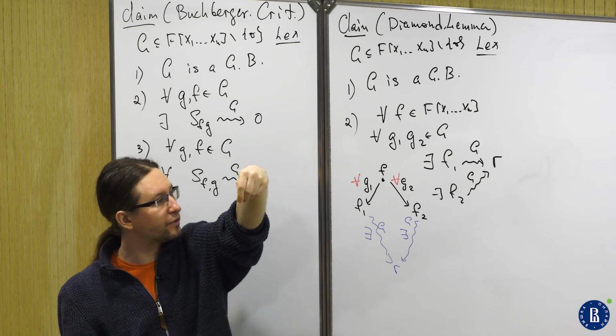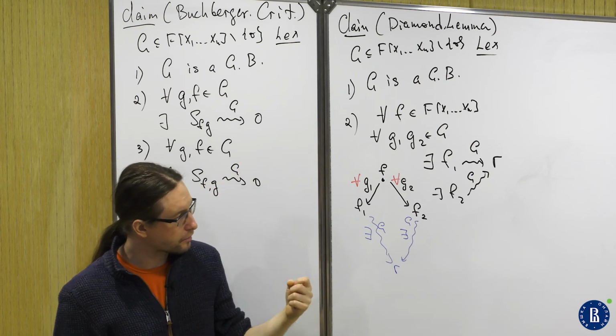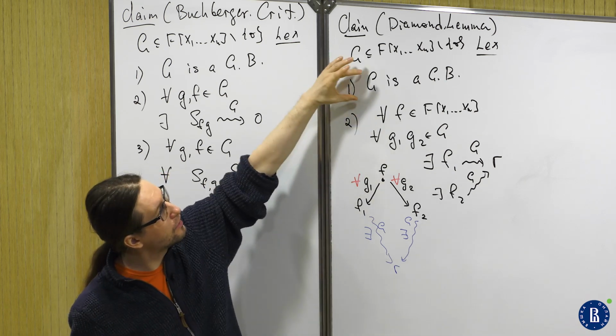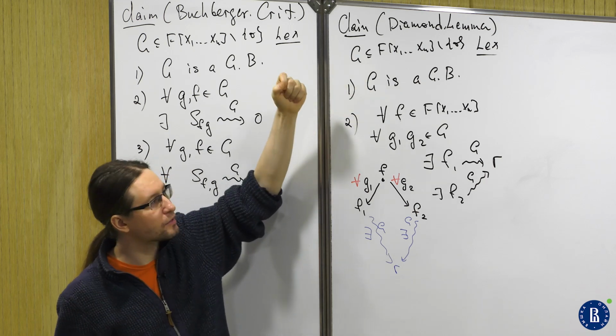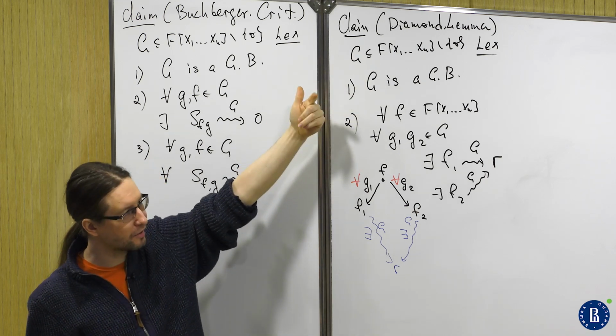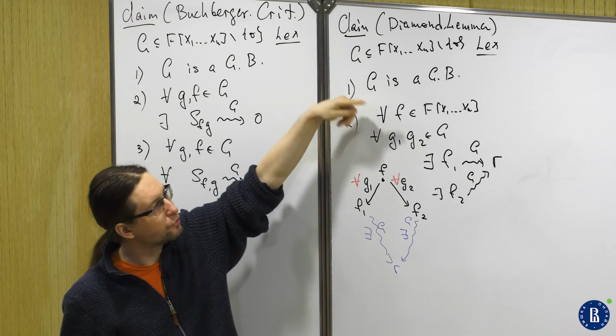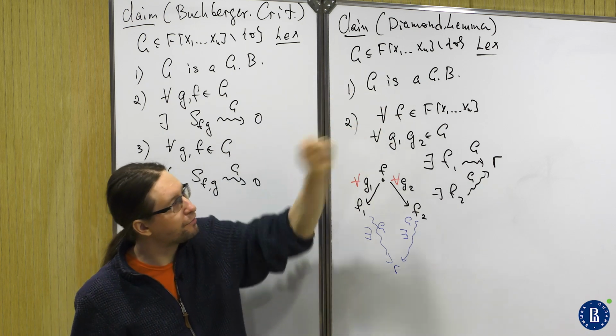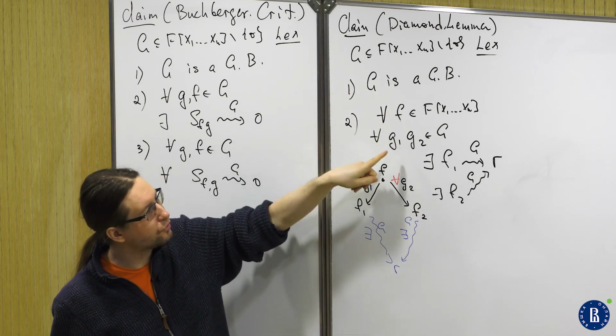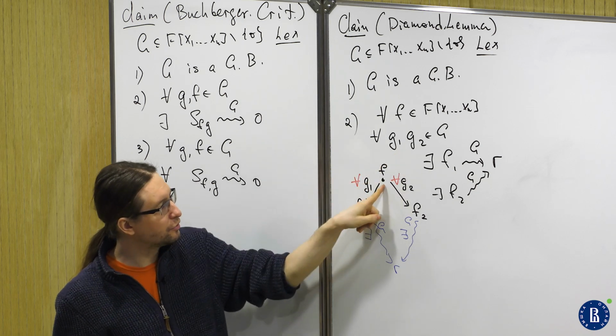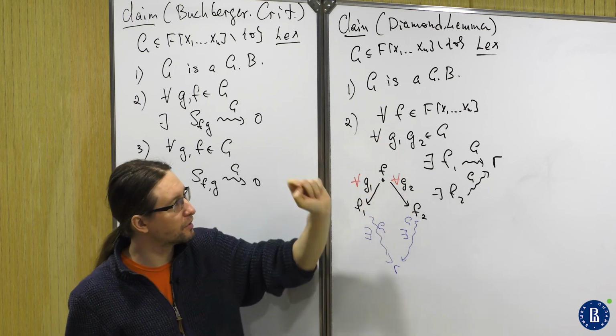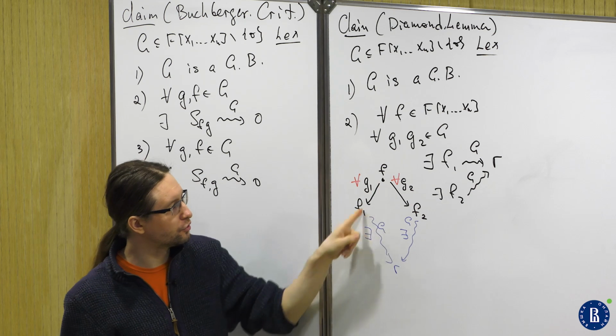And this polynomial is the unique remainder. Now, how to check if something is a Gröbner basis? There is a simpler condition that you have to check.